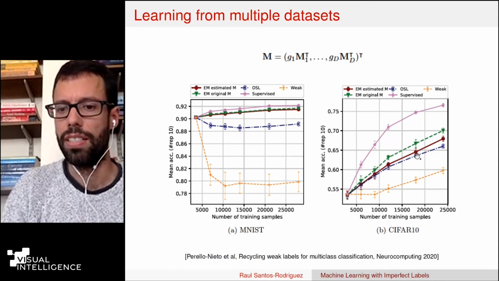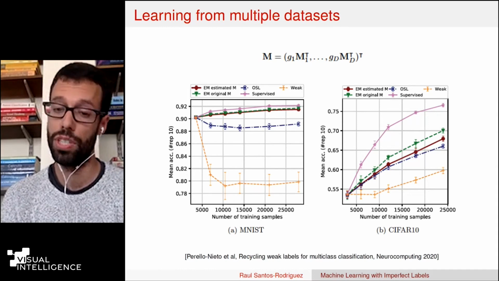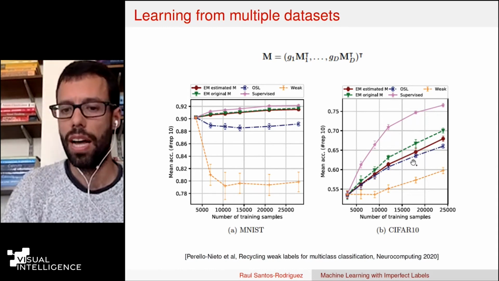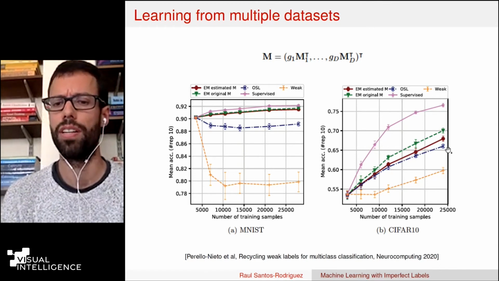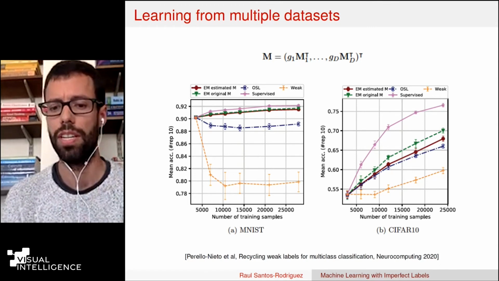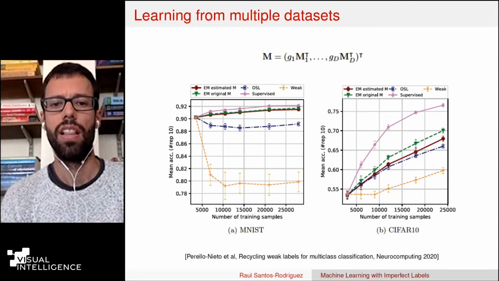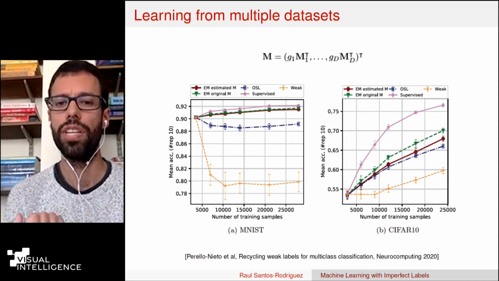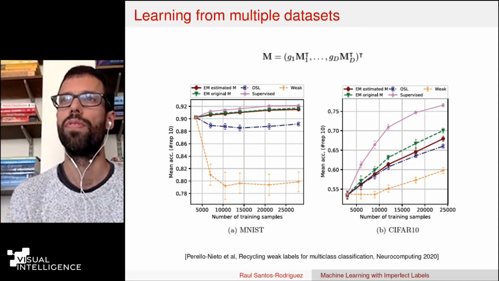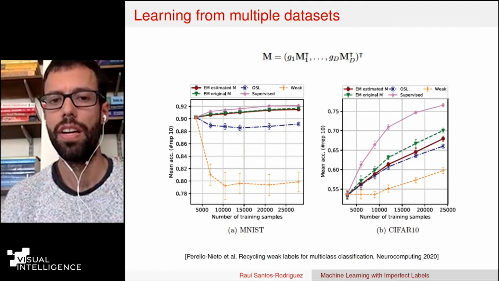The red one is basically working with the estimated mixing process, which is a bit worse. And the blue one is a method of the state of the art, which actually was state of the art just before us.